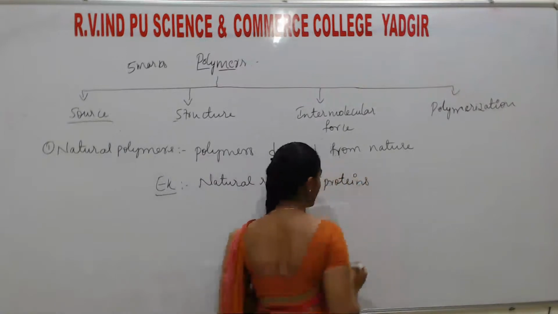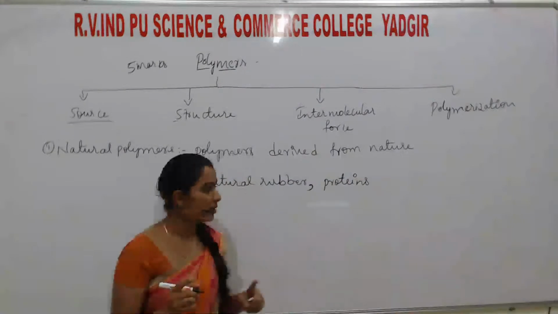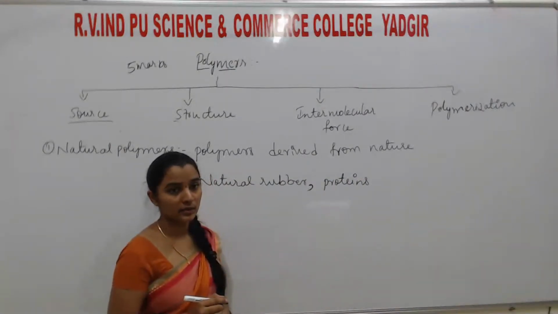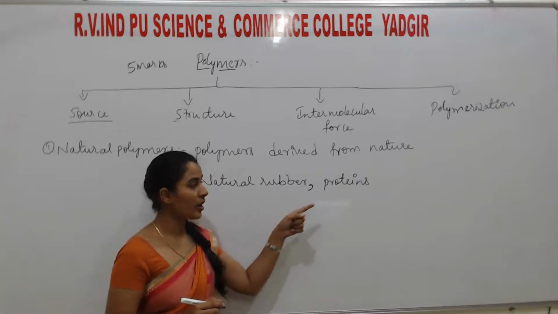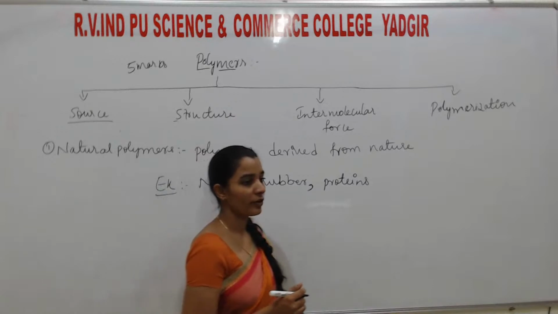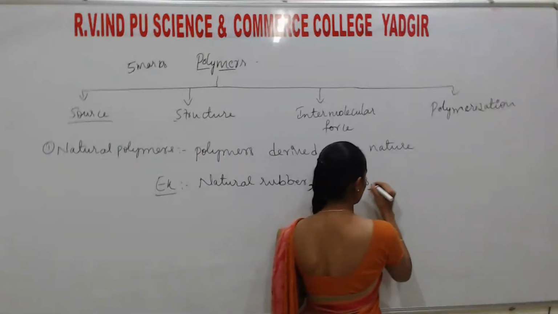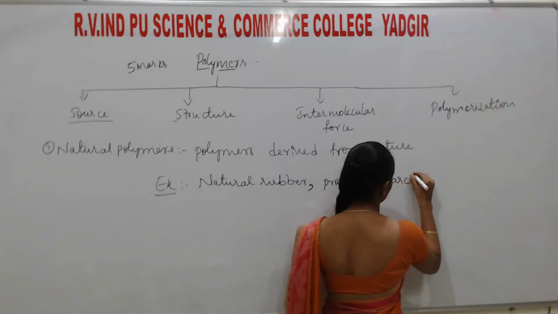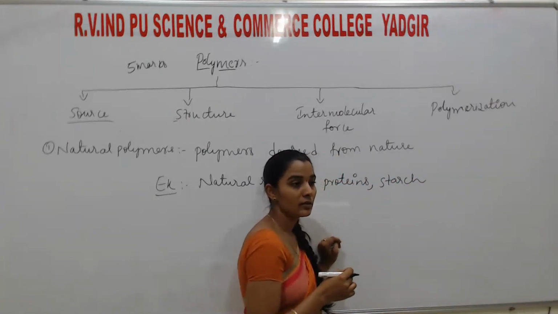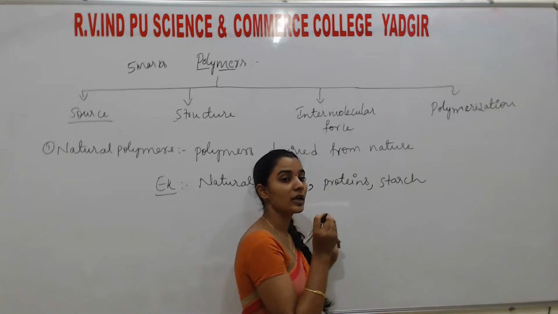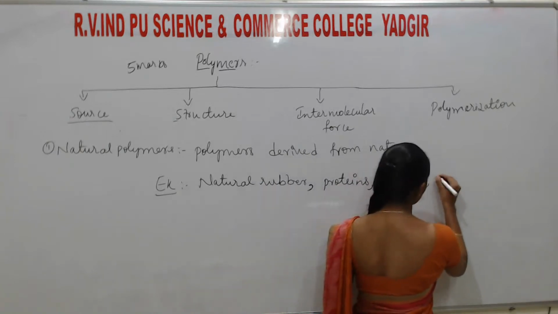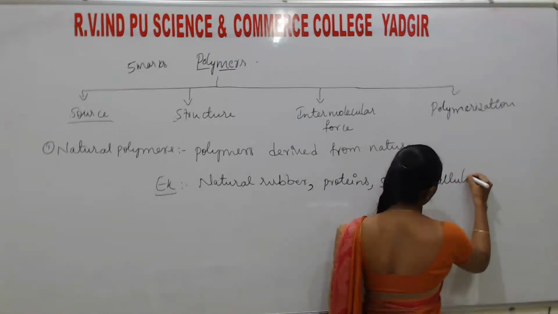While explaining biomolecules, I told you proteins are the polymers of amino acids. There, amino acid is the monomer unit. That is an example of a polymer. Protein, starch. Starch means polysaccharides, polymers of saccharide units. Understand? And also cellulose, etc.